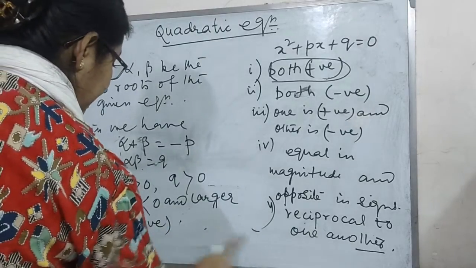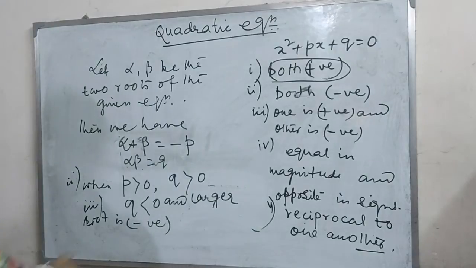For alpha beta, whichever is larger, that is negative.